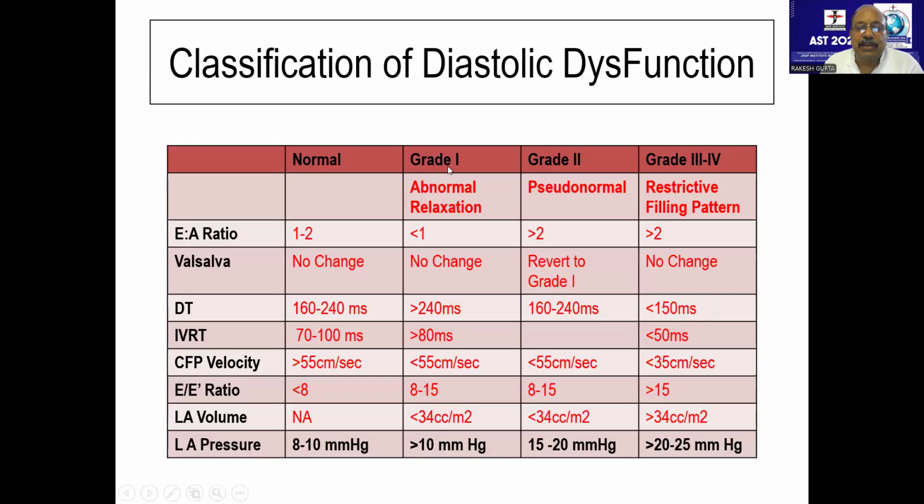As we grade from grade 1 to grade 3, our E/A ratio is less than 1 in grade 1, and in grade 3 it is more than 2 in mitral flow filling patterns. As my LA pressure builds up, it reflects to the lungs, then to the RV, then to the RA, and then to the IVC.